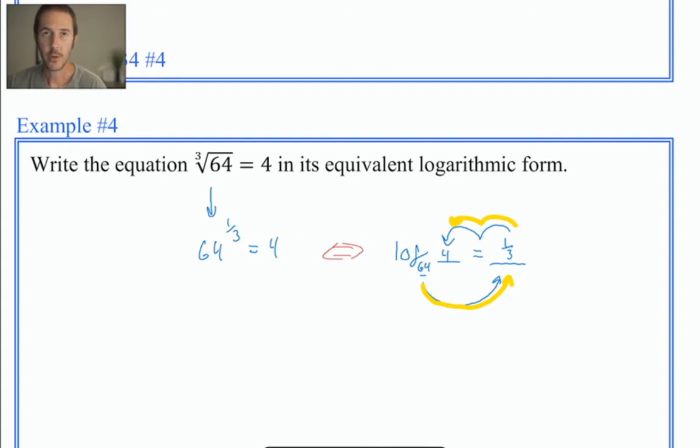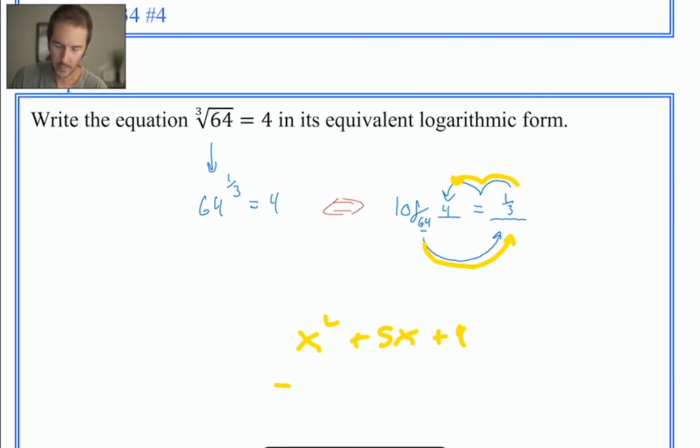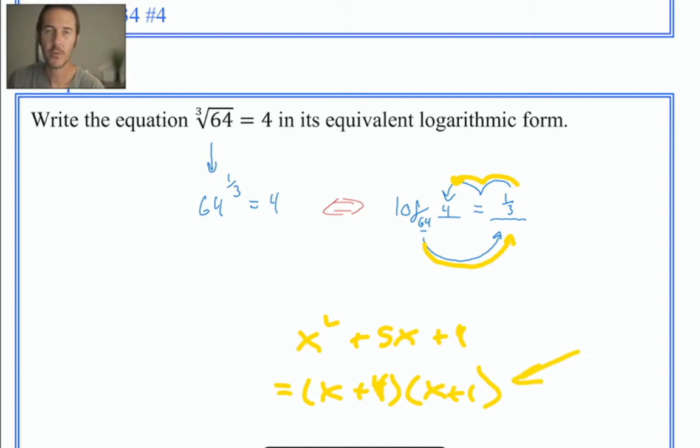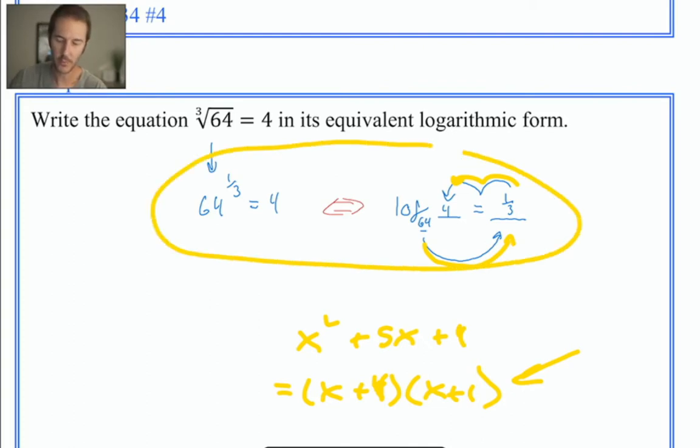When you factor, right, if I gave you x squared plus 5x plus 4, and you want to factor this, and you say, well, that's equal to x plus 4 times x plus 1. How could I check to make sure that this is correct? So multiply it back out, FOIL, and combine like terms. See if you get x squared plus 5x plus 4. So that's sort of what I'm doing up here with these two statements.